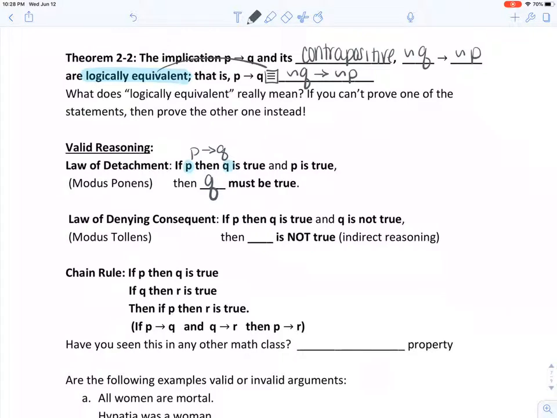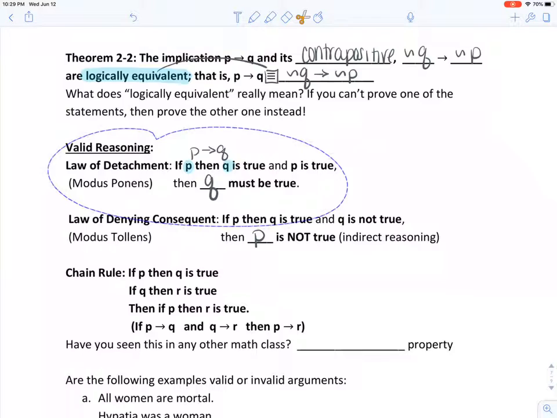Okay, the next one, the law of denying the consequent: if P then Q is true and Q is not true, then P is also not true. So now we're kind of going backwards. The law of detachment, the top one, says that if P then Q is true, then P and Q must be true.